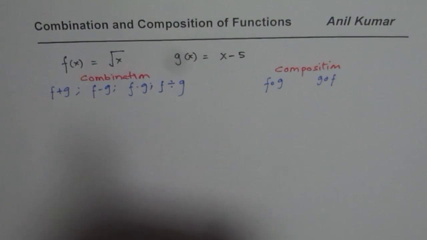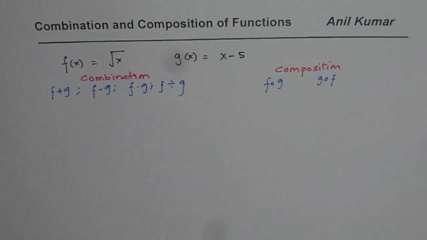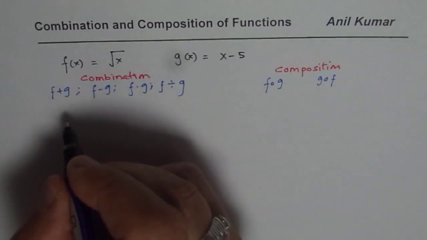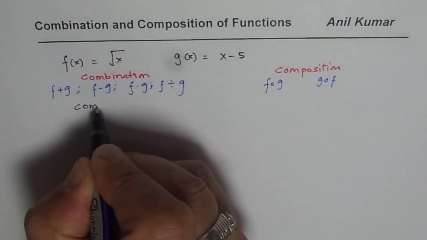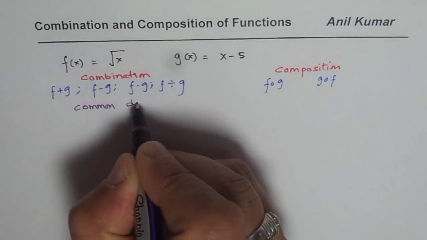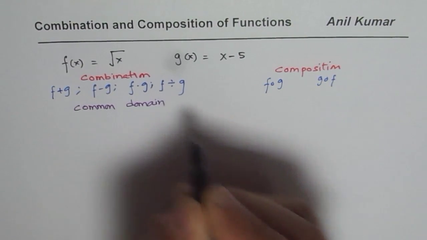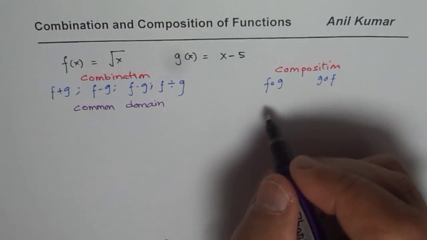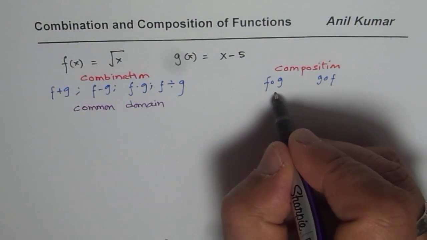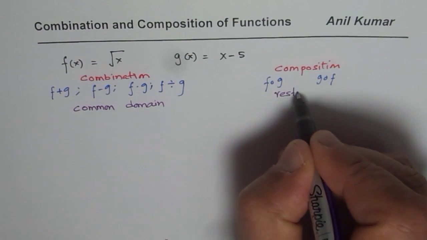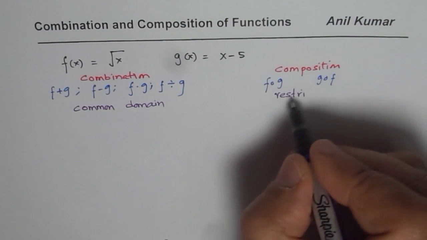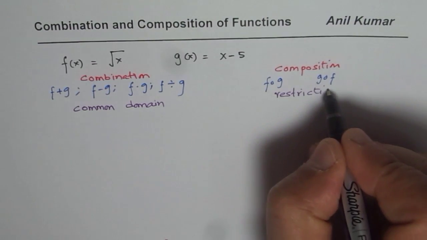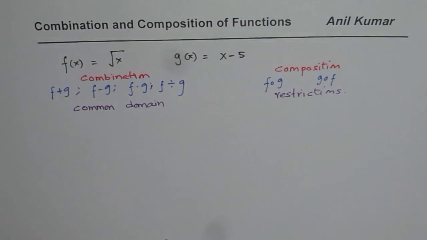And remember one thing, that combination can only be done on common domain. And when we do composition, then there are some restrictions on domain. It is not necessary to do it on common domain, but there will be some restrictions, and we will soon see how to find those restrictions.